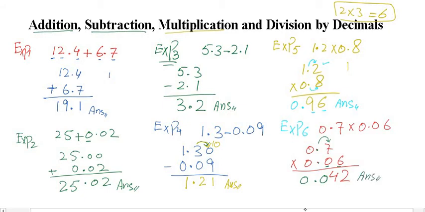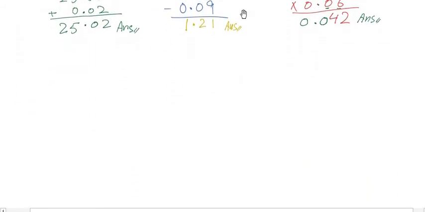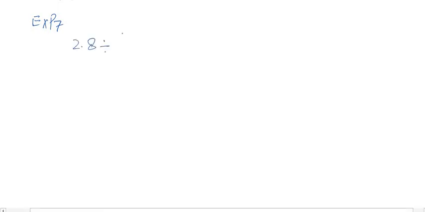Okay, we take another example for division now. We did example number 6, and I'm taking example number 7 here. For example, I was given 2.8 divided by 0.4.